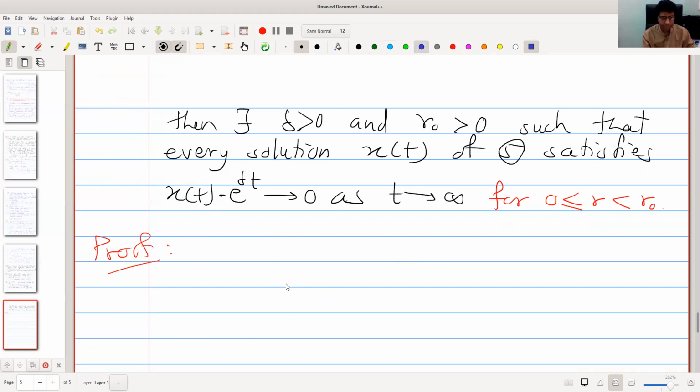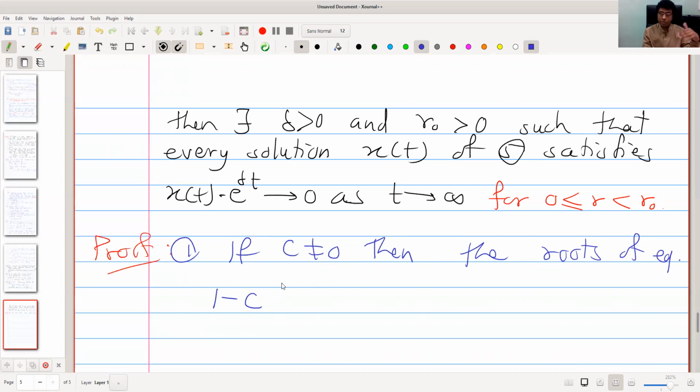Let us see the first part. If c is not equal to 0, then the roots of the equation 1 minus c e raised to minus lambda r equal to 0, which we are calling number 8. We are going to use the previous lemma.